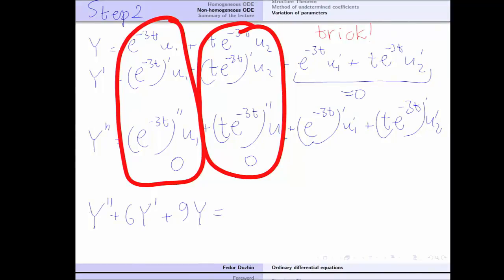Which means that the only thing that remains is, so there is nothing from y, there is nothing from y prime, there is just y double prime, and here we're going to get e to the minus 3t prime u1 prime plus t e to the minus 3t prime u2 prime, and this should be equal to, according to the original differential equation, t squared.